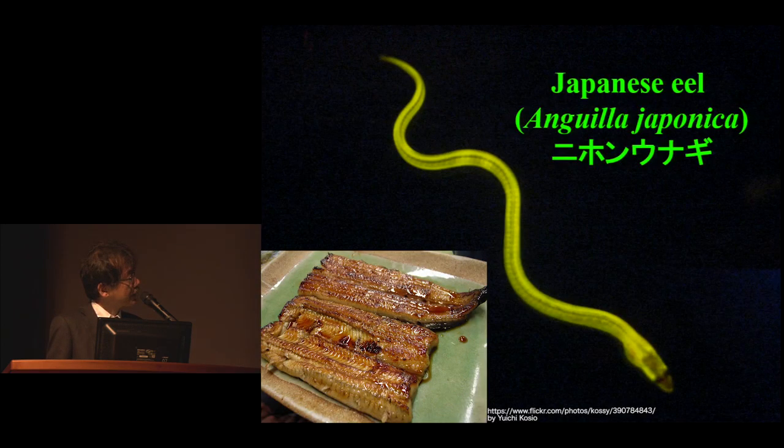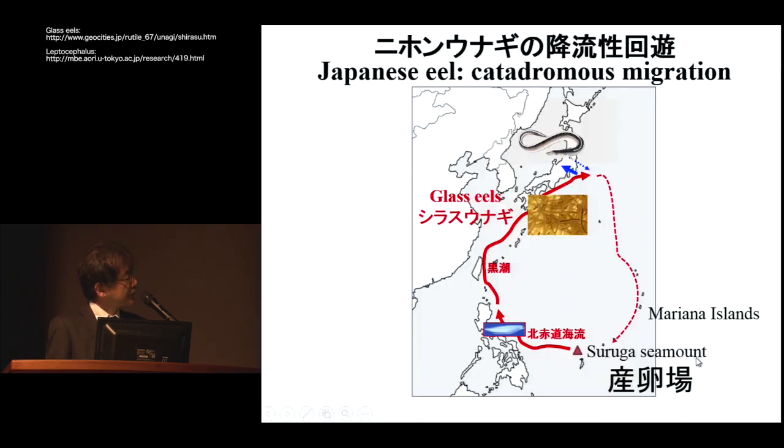As you know, Japanese eels are very much green fluorescent, and they show catadromous migration. Usually they live in lakes and rivers, but adult eels migrate into the ocean to spawn. Their larvae are carried by the current and reach Japan at the stage of glass eels.